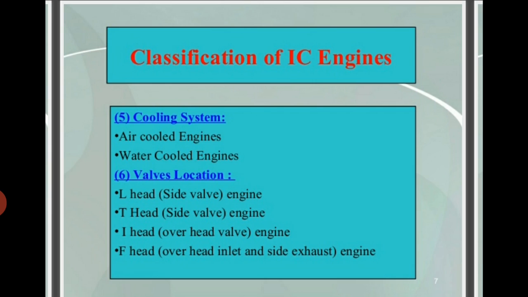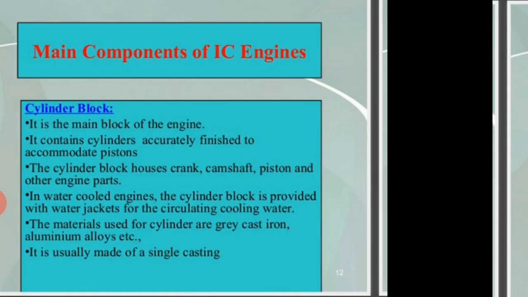Now, our next classification is the cooling system used in the engine. If the cooling process in the IC engine is done through air, then it is called air cooled engine. Or if the cooling is done with the help of water or some other cooling media, then it is called water cooled engine. Now, you can also classify the engine on the basis of the valve location, whether it is L head engine, T head engine, I head engine, and F head engine.